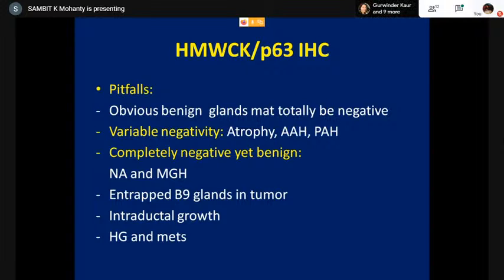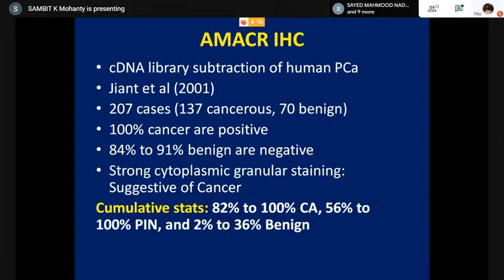AMACR is not done to say it is prostatic versus extraprostatic, though I've seen a lot of people doing that. No, it is not a marker of lineage differentiation or lineage specificity. It is just to say whether the tumor is tumor or non-tumor inside the prostate. AMACR is a cDNA library subtraction of human prostatic cancer, and Dr. Jiang, who was my mentor during my residency, is basically the father of AMACR in 2001 from University of Massachusetts.